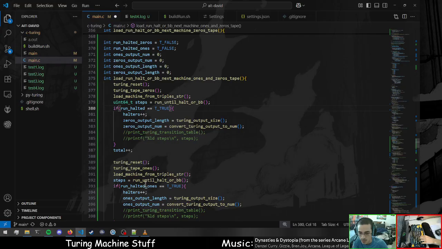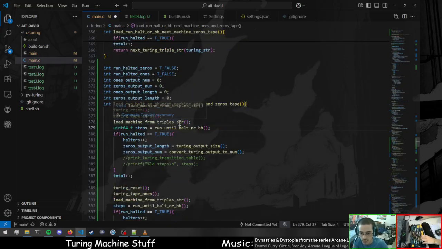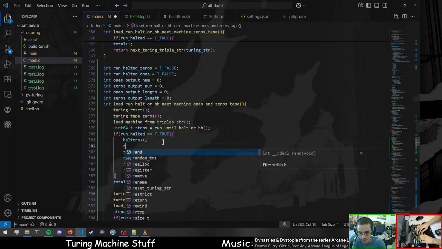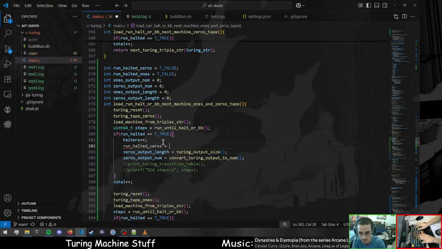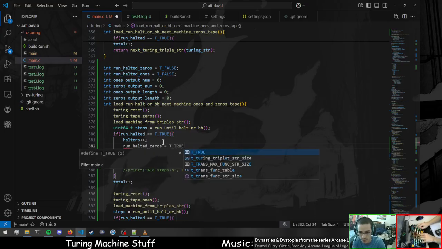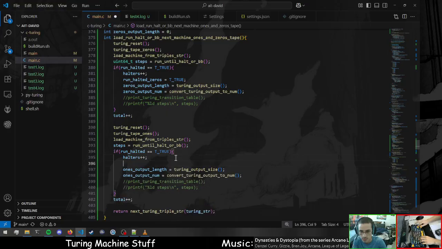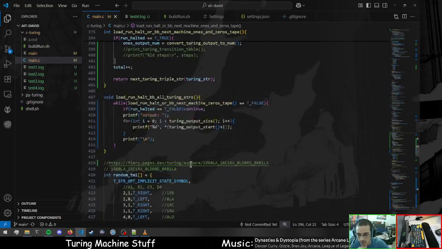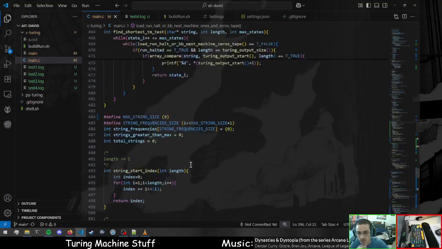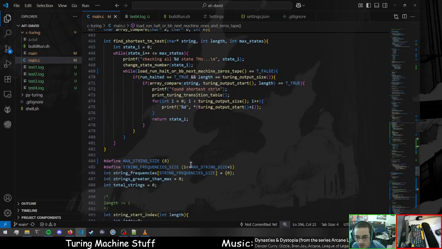Halted. Is this supposed to be run halted? Because this doesn't change the thing. So we just say if run halted, and then we're gonna say run halted zeros equals true. We gotta propagate the thingy. There we go. So this is connected now. The halting is connected. It is all good and probably all good.